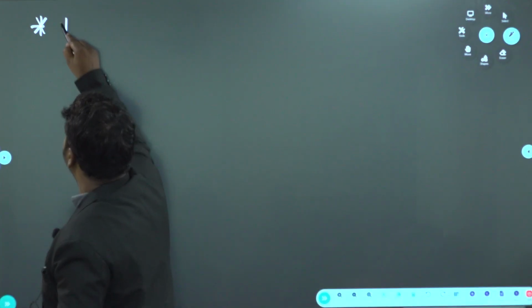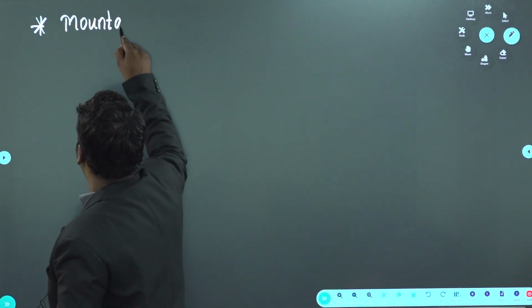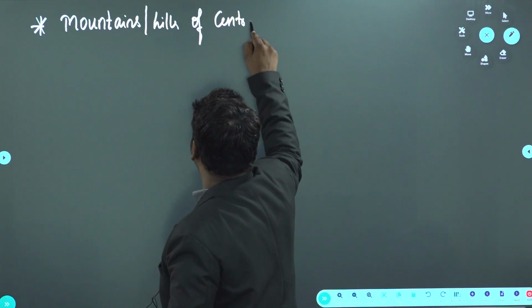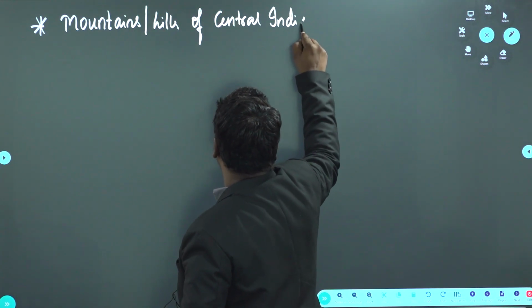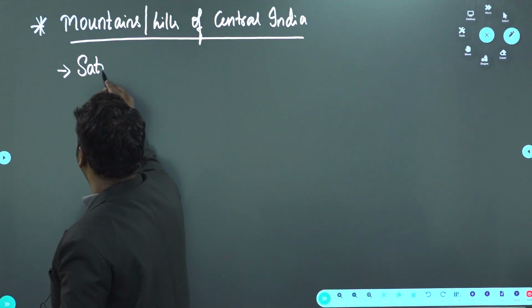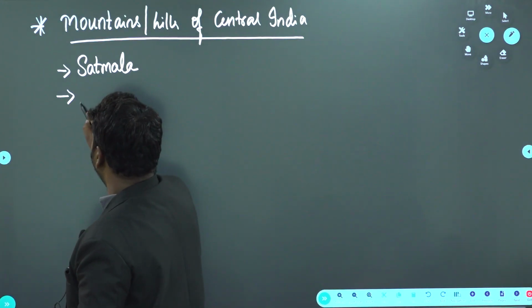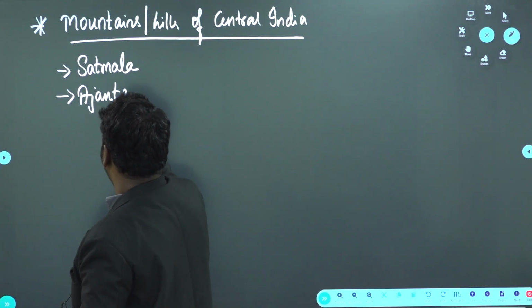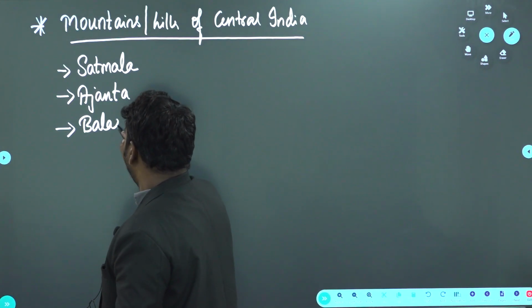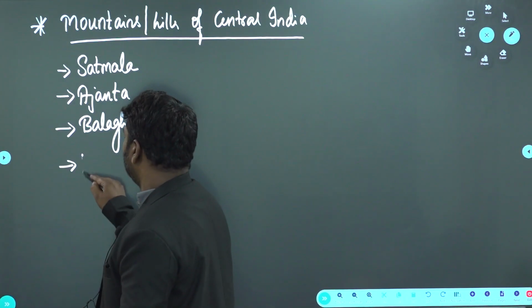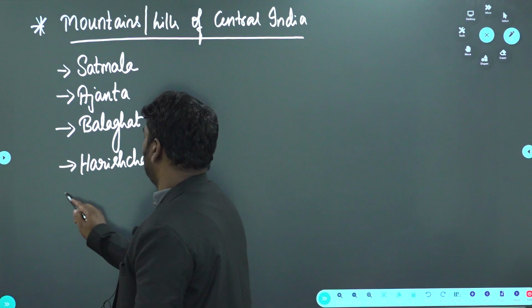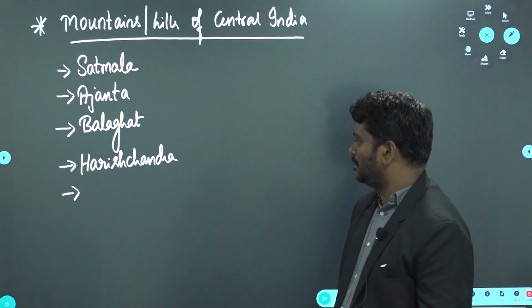Another important one. Mountains or hills of central India. Most repeated question. Satmala, Ajanta, Balagat, Harishchandra.